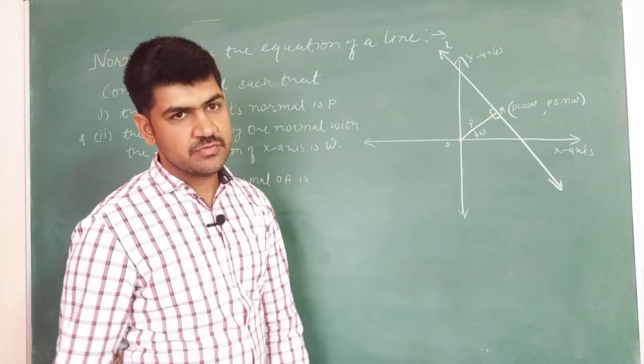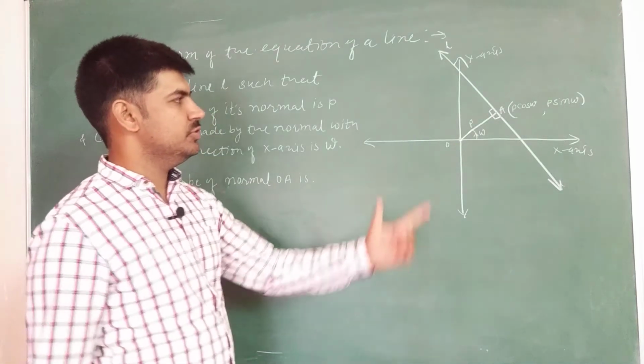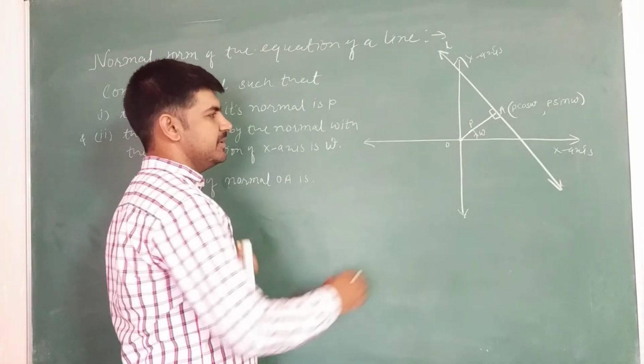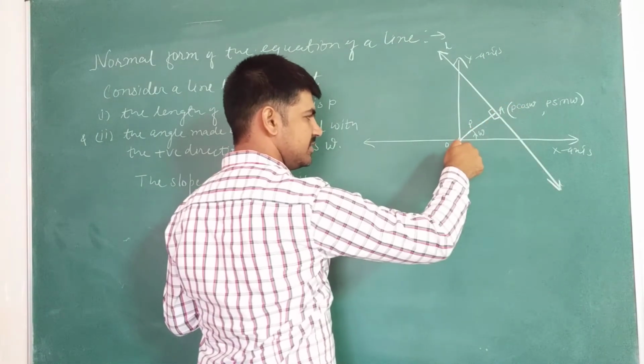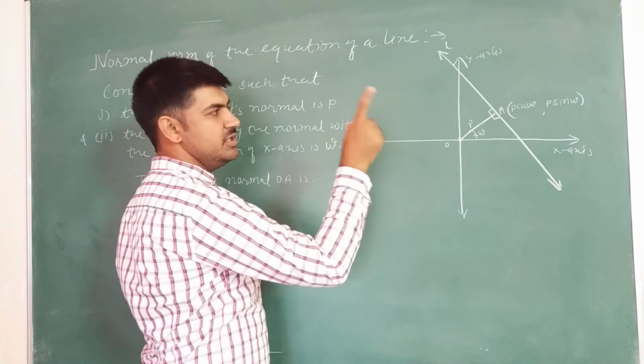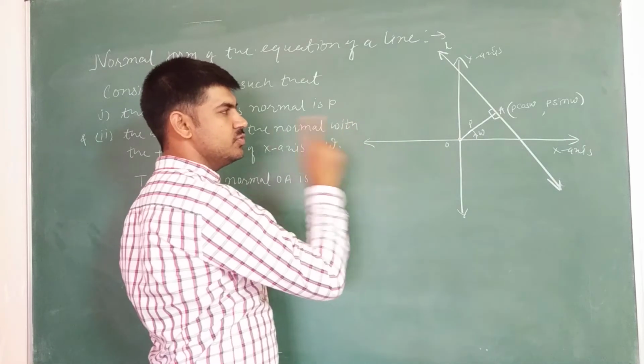So by the two-point form of the slope, you can get the slope of this particular normal: y2 minus y1 is P sin omega minus 0, and x2 minus x1 is P cos omega minus 0. So P sin omega over P cos omega.